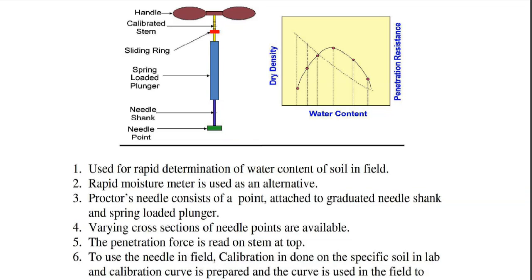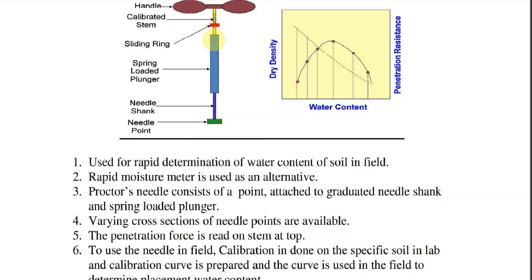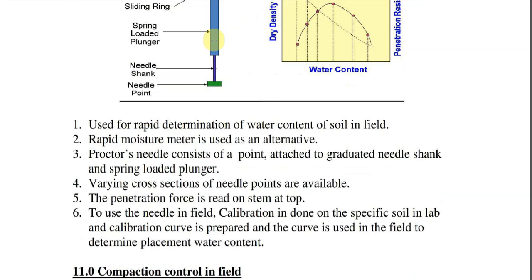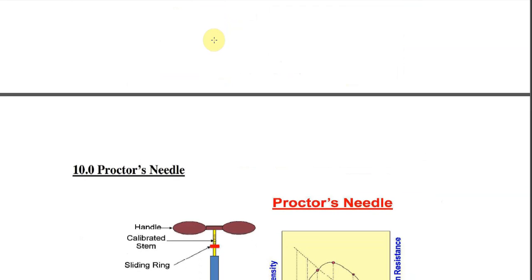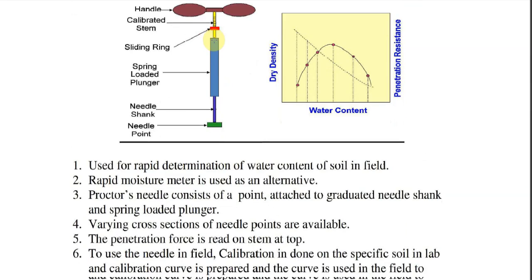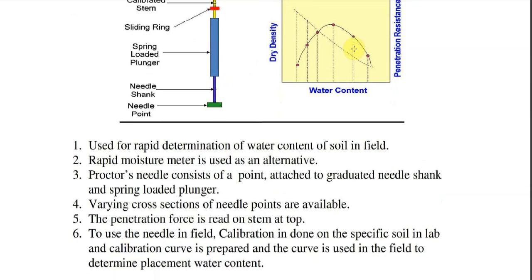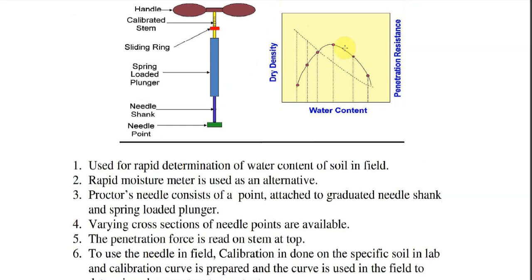When you are conducting that test for the first trial, you have to take this penetration needle and plunge it, trying to penetrate into that mold of soil. It will give you the resistance force of the soil.